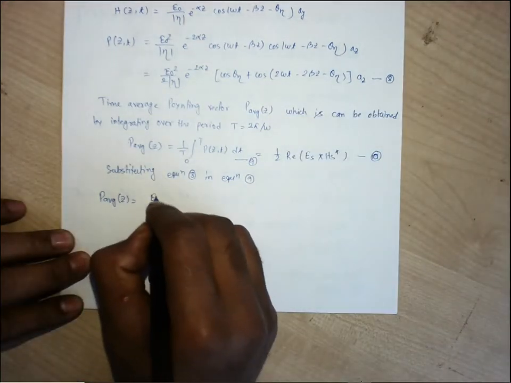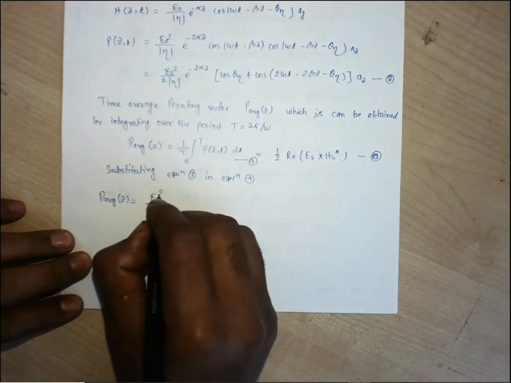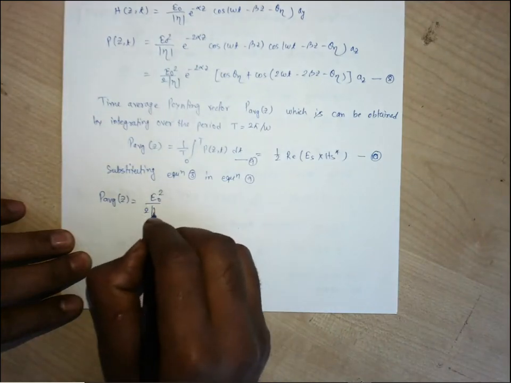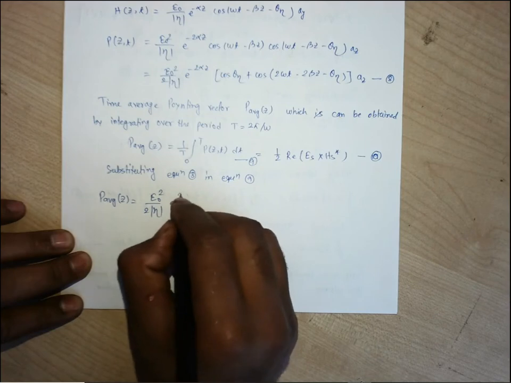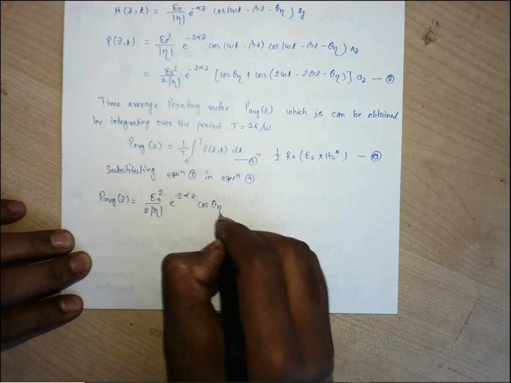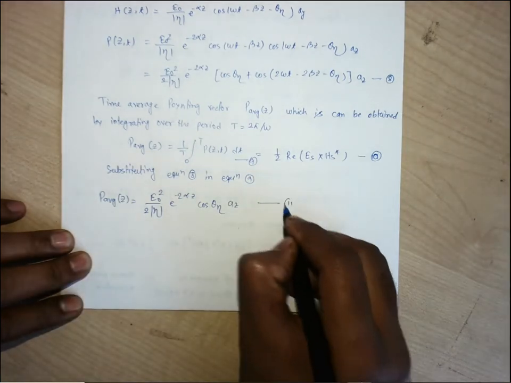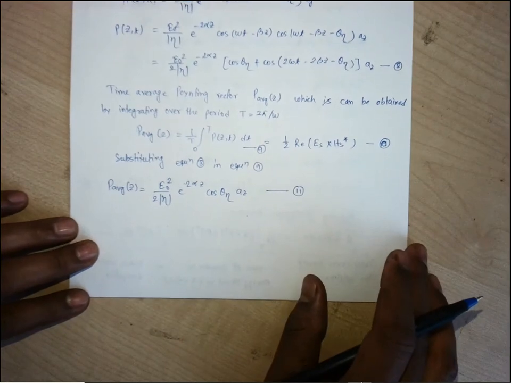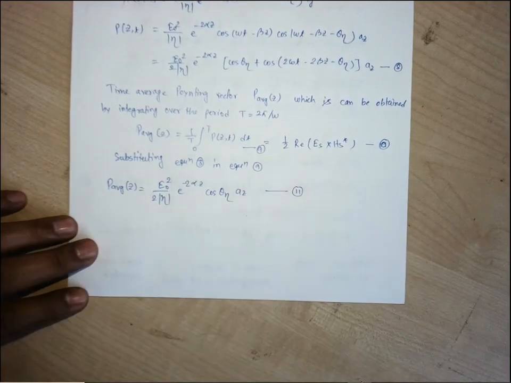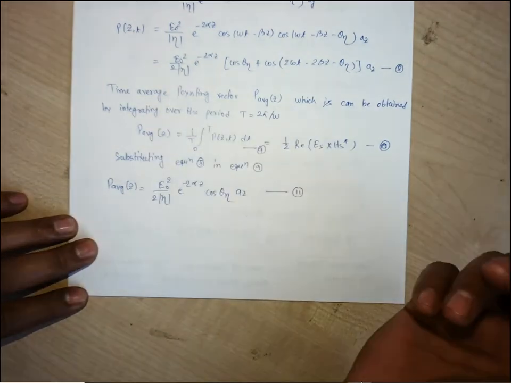I am skipping the intermediate steps. Just do this integration and we get E0 squared by twice eta, e to the power minus twice alpha z, cos theta eta, along z. This is equation number 11. This is the average power within the time period T equals twice pi by omega.